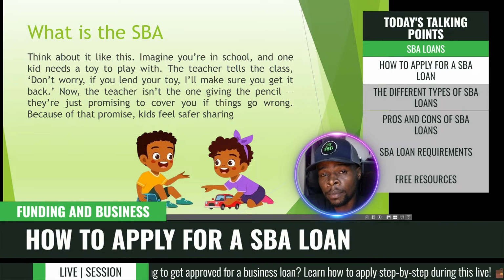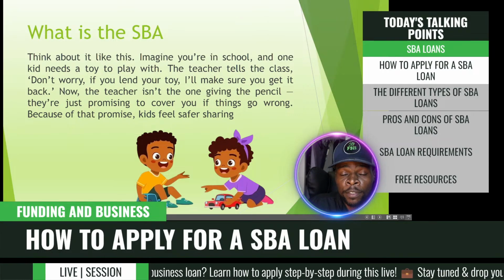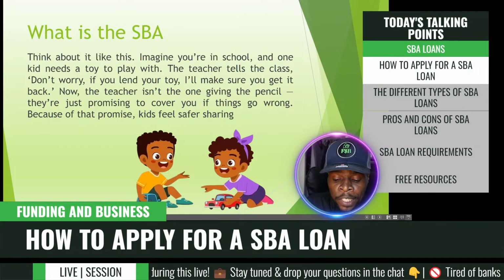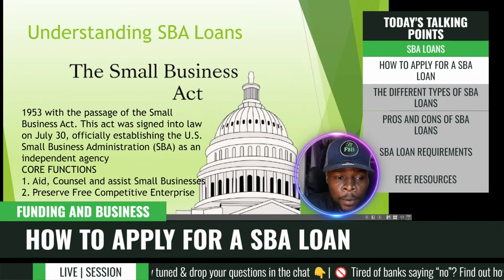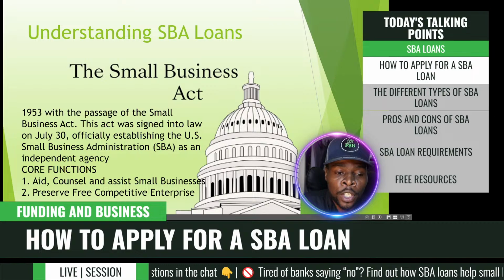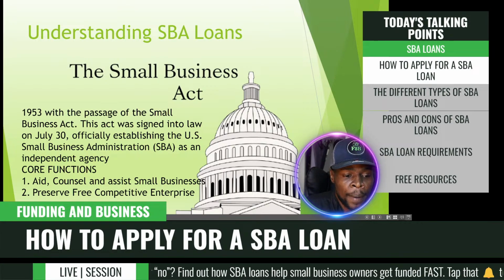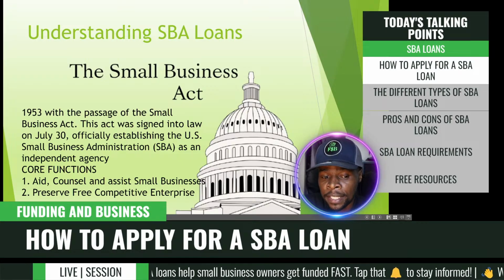Now, this might also be controversial, but one of the biggest myths that people have out here is that SBA loans are really hard. And with that said, I want you guys to understand something called the Small Business Act, which was passed in 1953 by President Eisenhower.